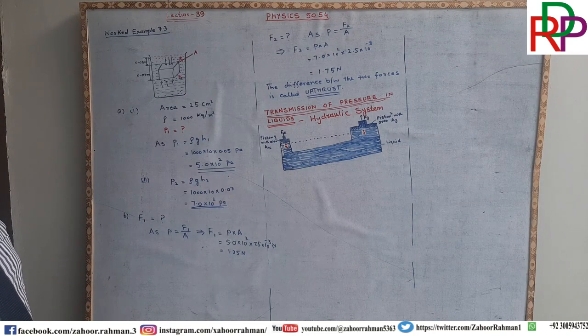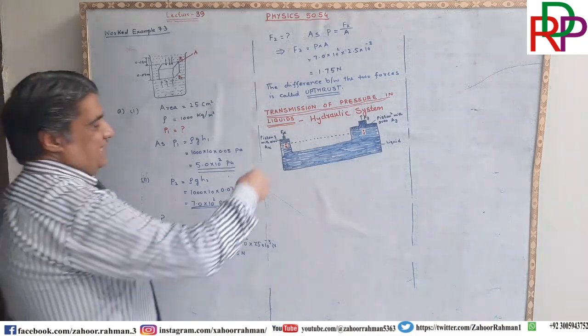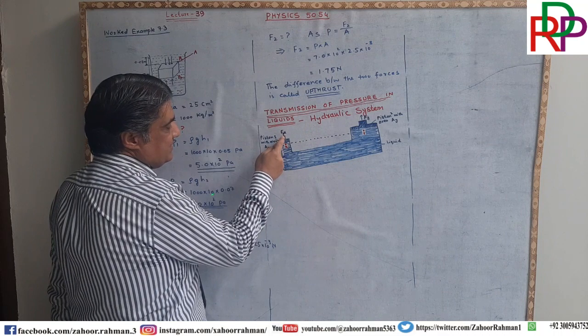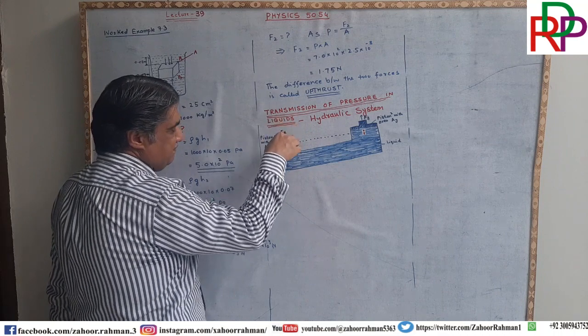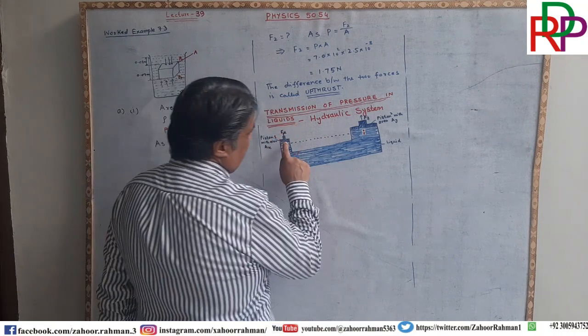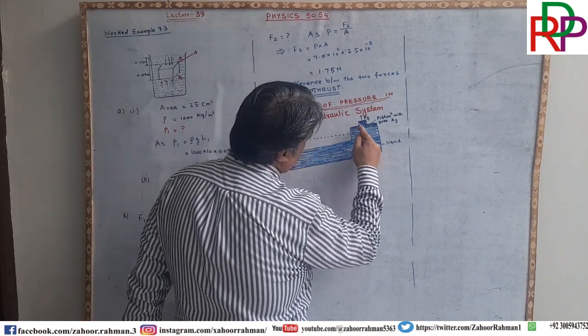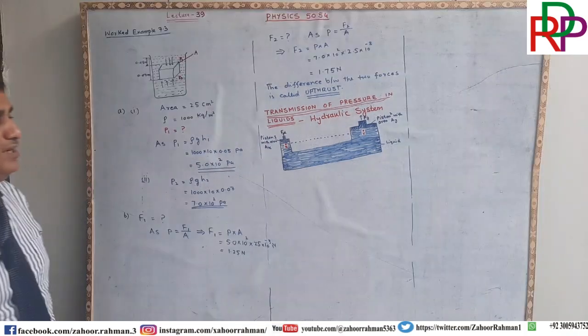Why are we deriving all these things? Because if we apply a smaller force on this piston, it will be transmitted through this liquid to the piston number 2.